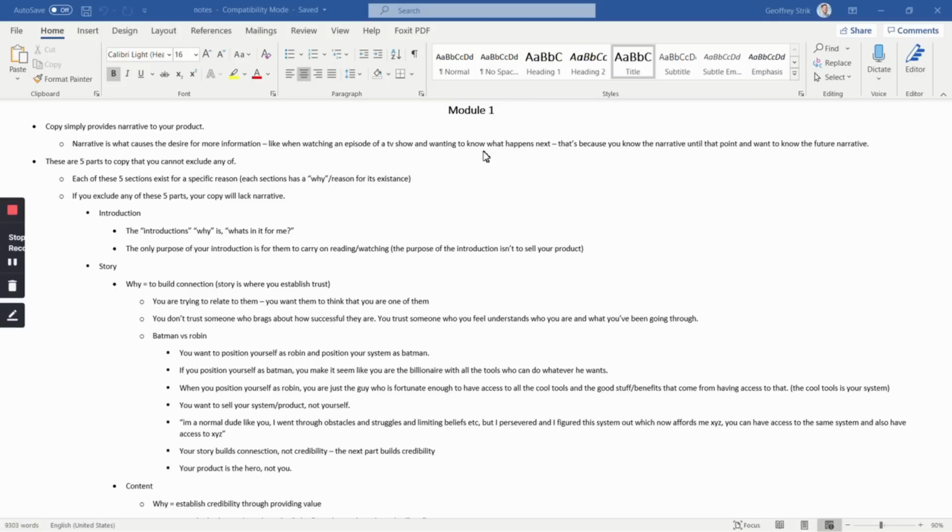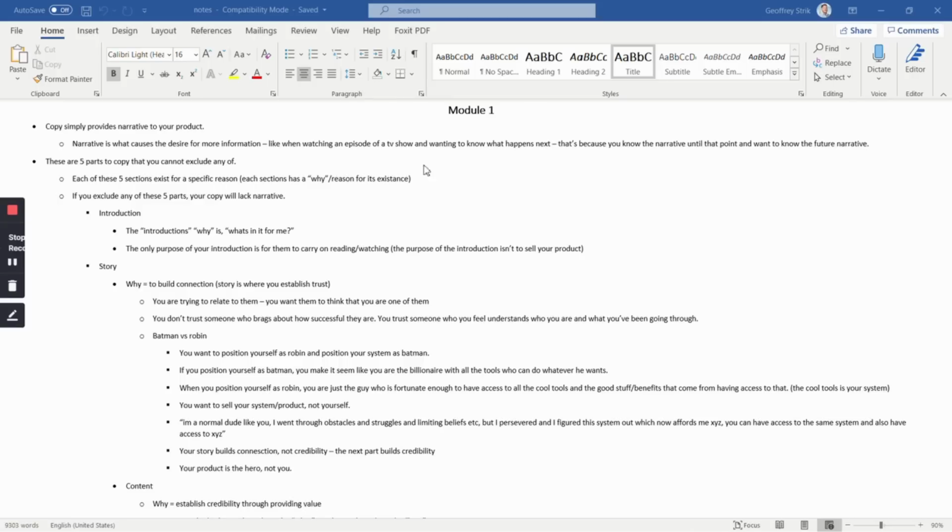If they have a problem in life, well, then they're looking for a solution to that problem, which in that case could be your product or service. With our copy, we're simply providing narrative to the prospects that do have so-called problems in life, so that they can understand how your product or service is going to guide them to that new desired reality.